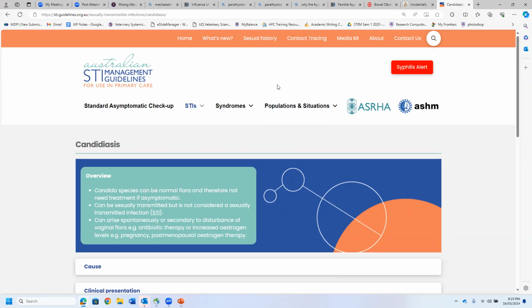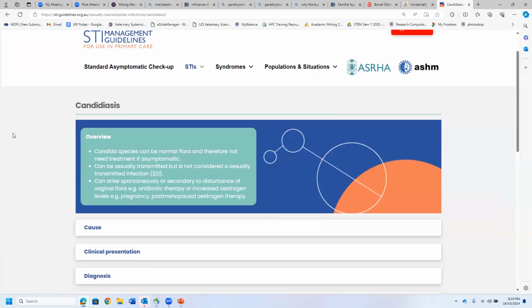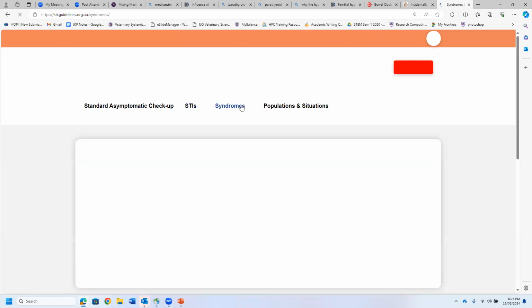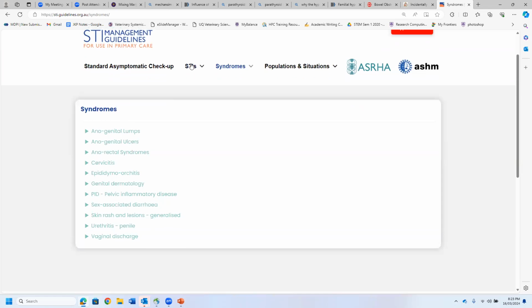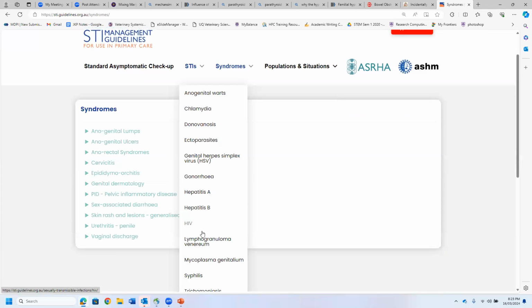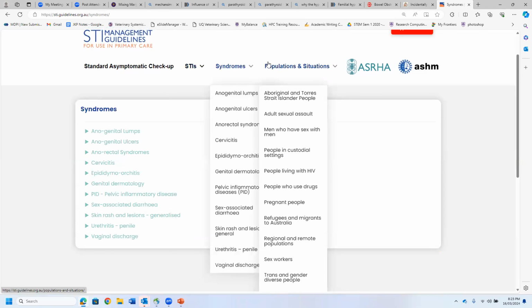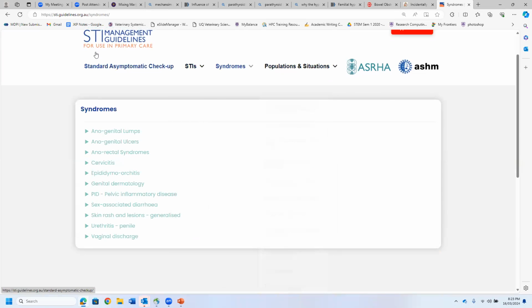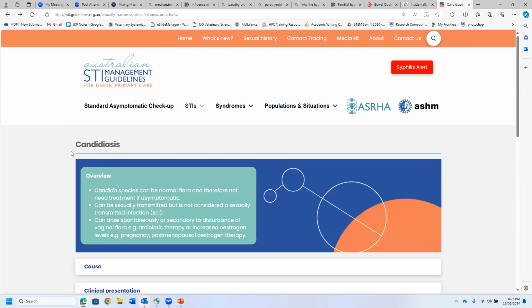So this is an Australia-wide followed guideline for the general physicians or general practitioners. So if you look over here, syndromes, you will find different syndromes. In STIs, you will find different STIs. Everything is on population, different population, and what's the recommendation for them?